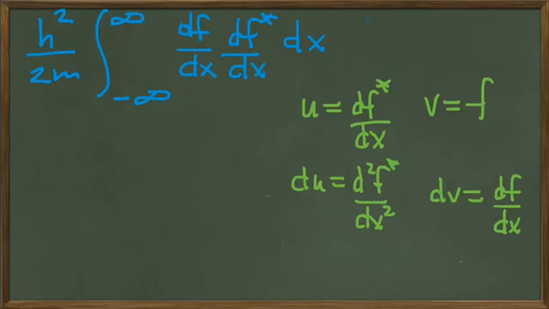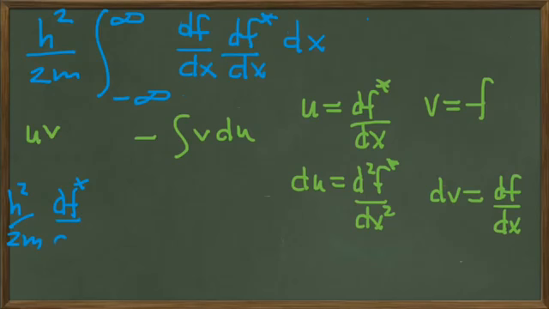So applying the parts formula, uv minus the integral of v du, we have the constant out front, h squared over 2m. The u is df asterisk dx.